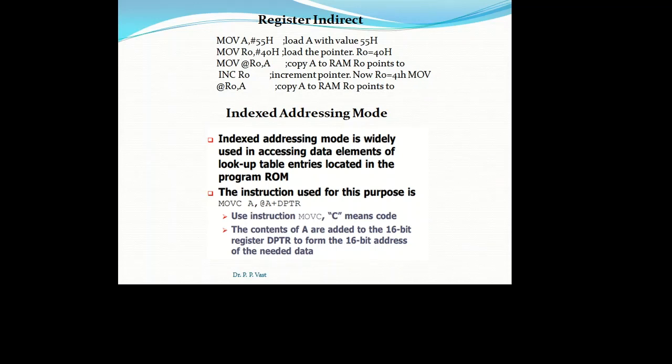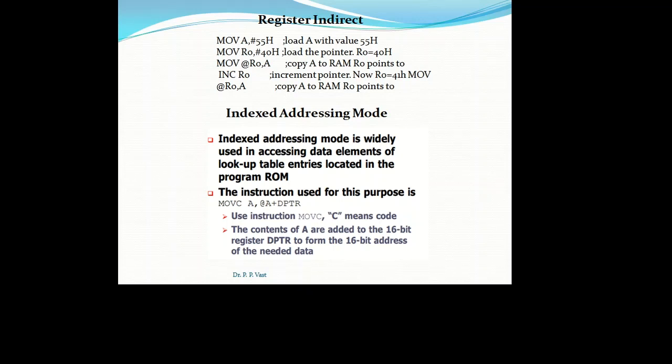In all the addressing modes we have discussed, we have used the instruction MOV. But in indexed addressing mode we have to use the instruction MOVC. Here C indicates the code memory. So if we have saved the data in the ROM, we use MOVC A, @A+DPTR.